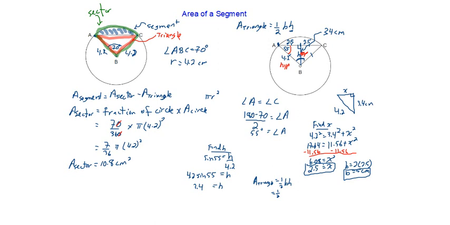Remember that the base is 5. And the height we found earlier, way over here, was 3.4. 1/2 times 5 times 3.4. That will give us approximately 8.5 centimeters squared. I just rounded to the nearest tenth.